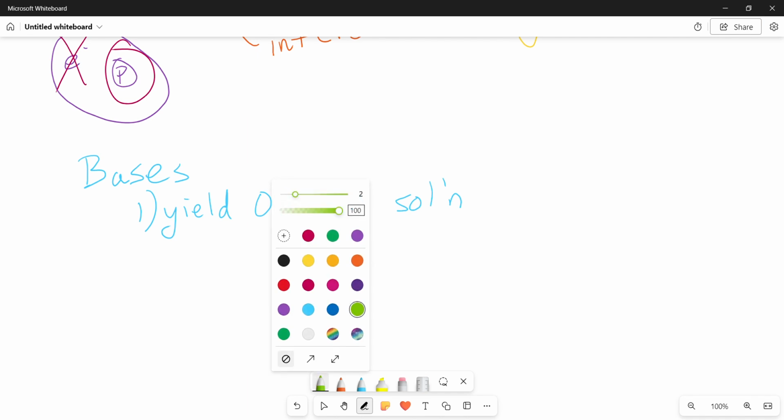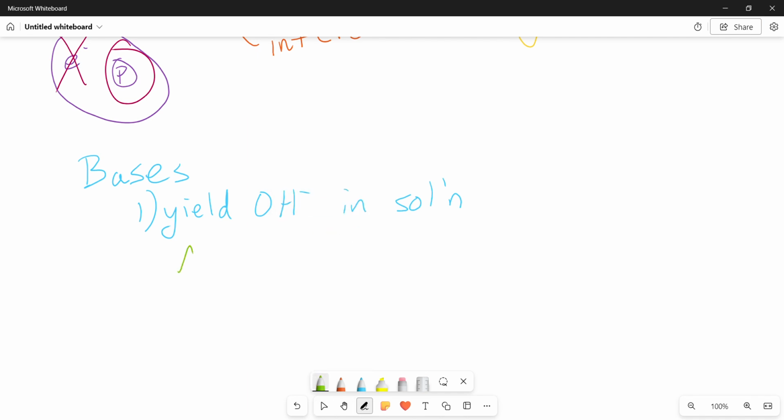Again, if we take something like NaOH, and it's aqueous, it dissociates, because this is just a simple ionic compound, into sodium ions and hydroxide ions. No big deal there, okay? Very simple.